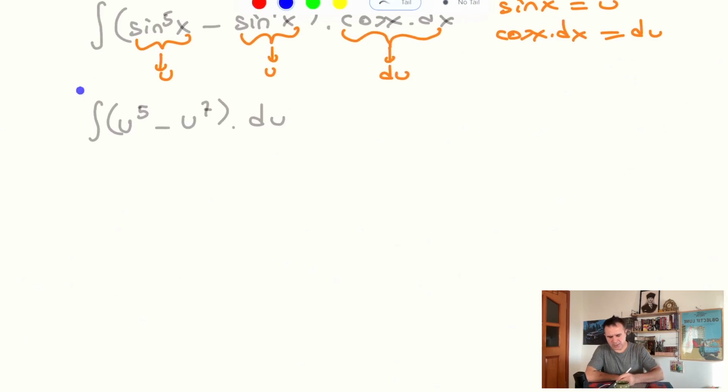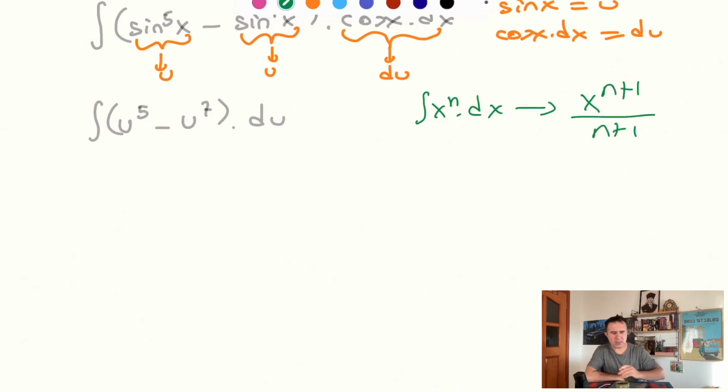Now we will integrate this. We know that if we have a function x to the n dx, the integral becomes: we add 1 to the exponent and divide by the new exponent. Now we have here u to the power of 5.